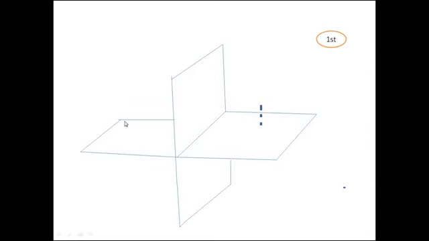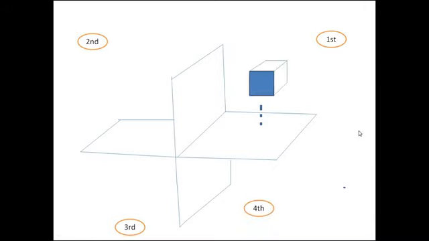See, this is our horizontal plane and this is our vertical plane. When both the planes intersect with each other, four partitions take place. So this is our first quadrant, this is our second quadrant, this is our third quadrant, and this is our fourth quadrant.